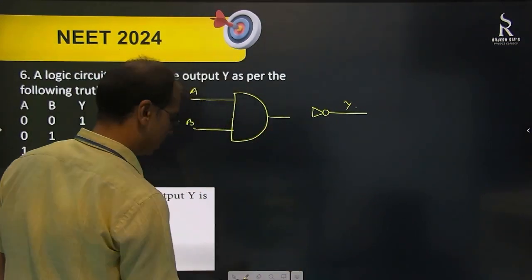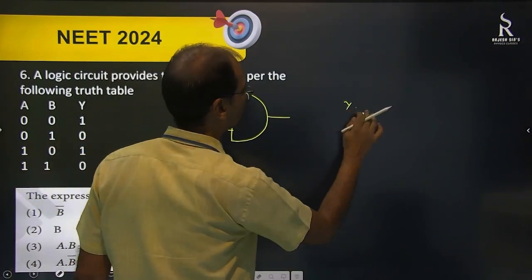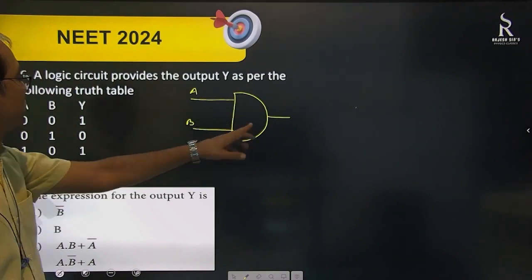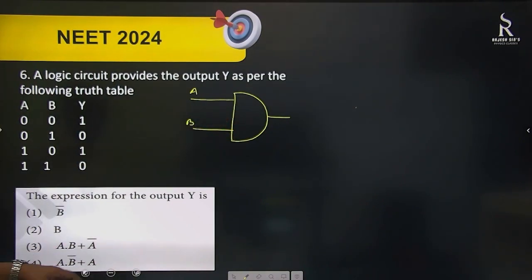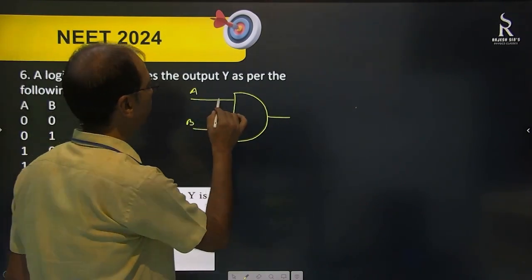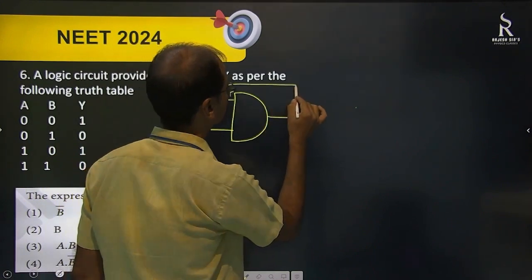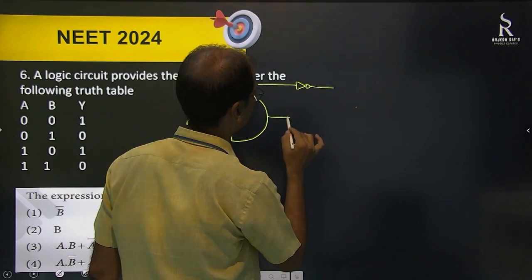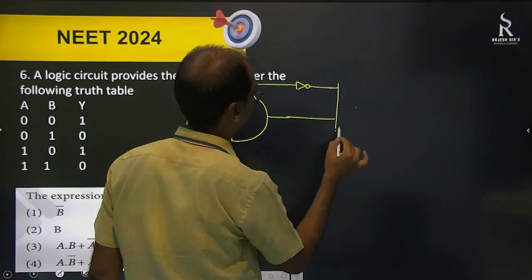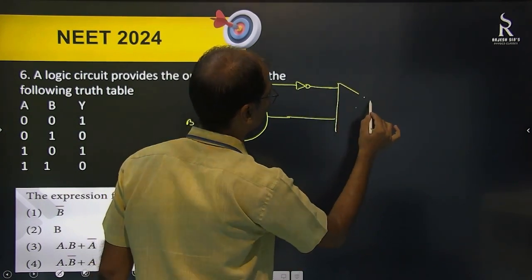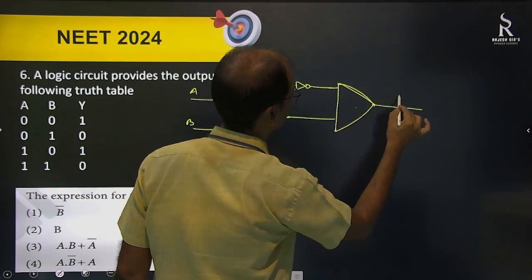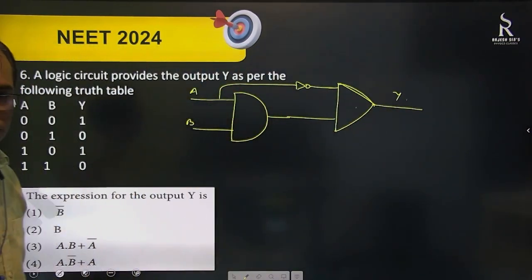Let's remove this one right now. This is coming after AND, and then plus this. And here it's putting this one. Now they are adding it. Which gate? OR gate. Like this. This is Y, according to the third option.